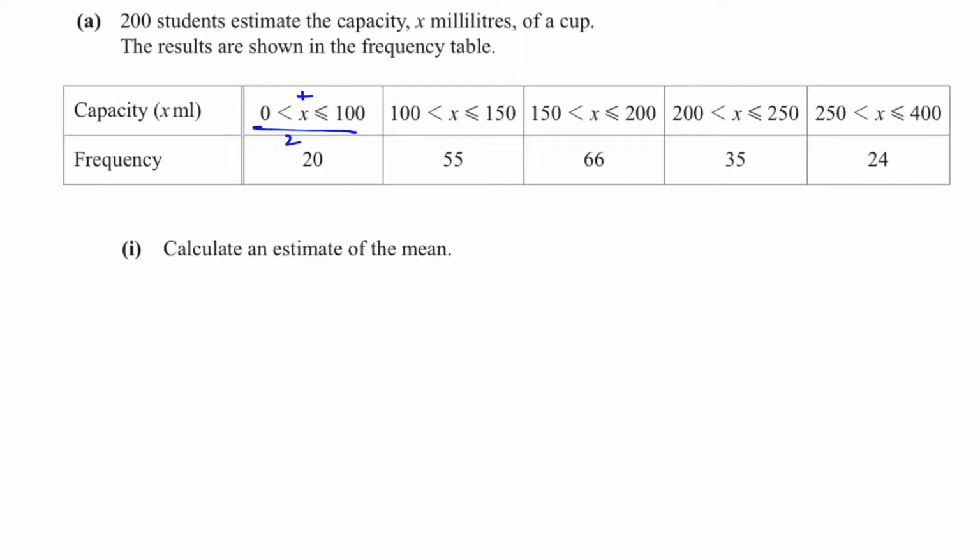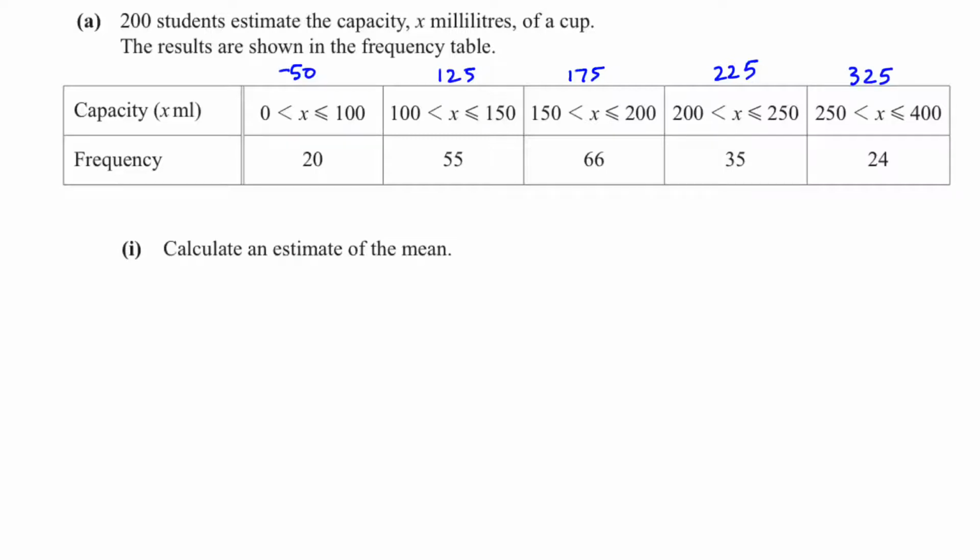So 0 plus 100 divided by 2 is 50. That is our midpoint. You have to find the midpoint of all the numbers. This will be 125, 175, and the way is the same. 150 plus 200 divided by 2, 200 plus 250 divided by 2, and 250 plus 400 divided by 2.